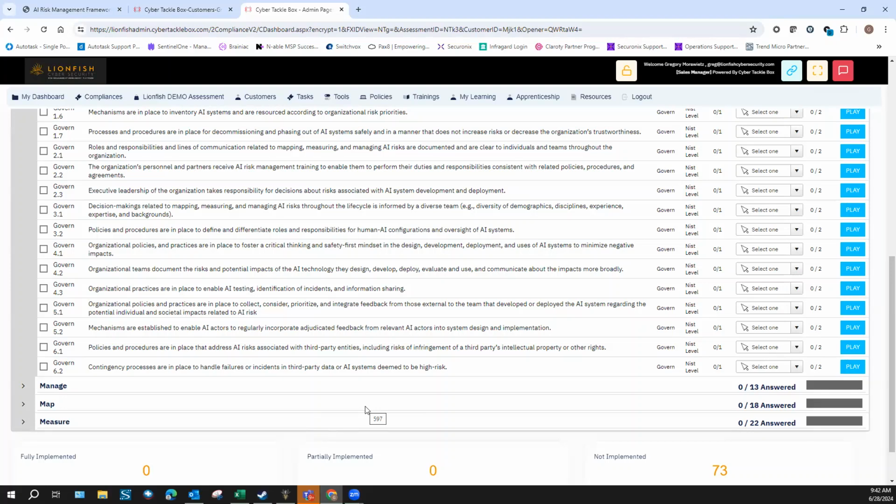Organizational teams document the risks and potential impacts of AI technology they design, develop, deploy, evaluate, and use, and communicate about the impacts more broadly.